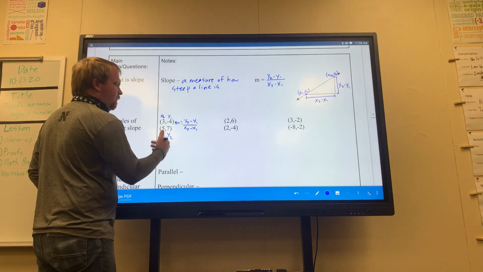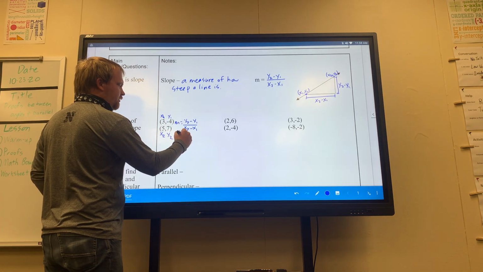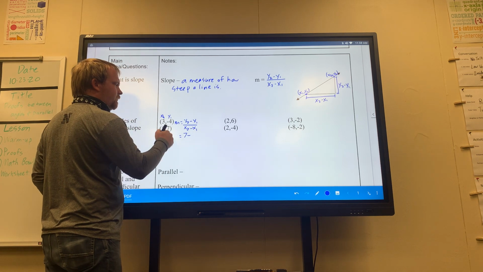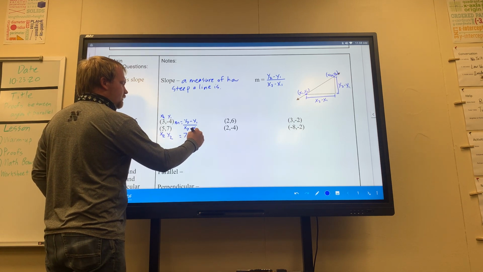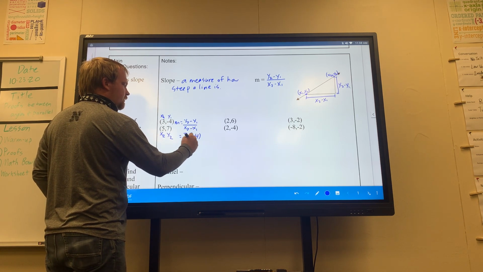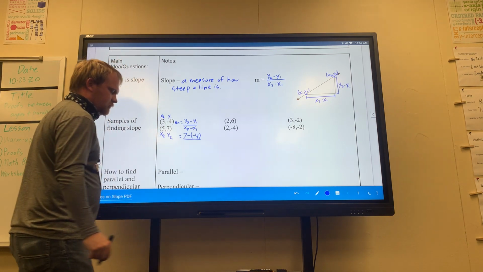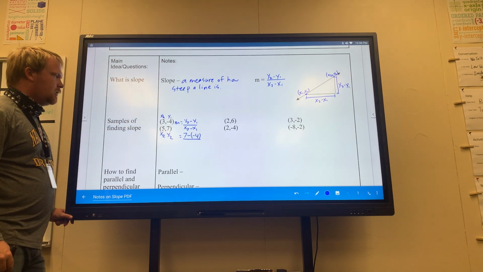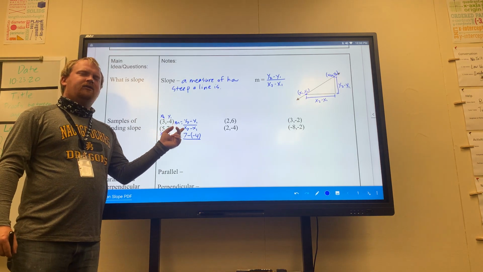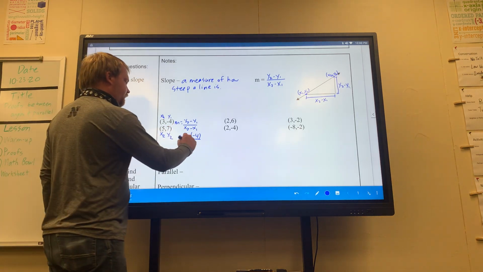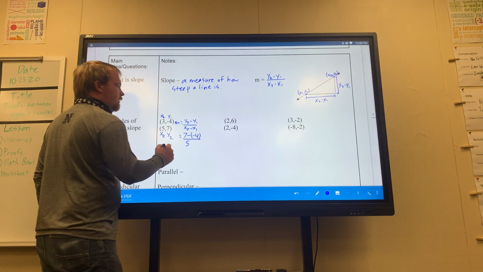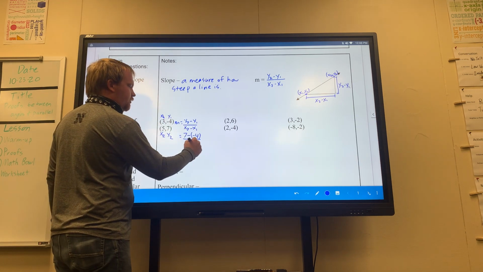So for example, I replace y2 with 7, minus y1 is negative 4. Now, if I replace the x2 with 5, I replace x1 with 3.